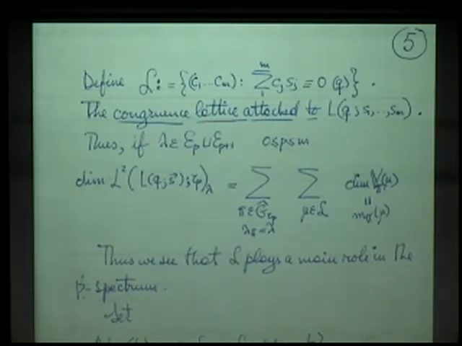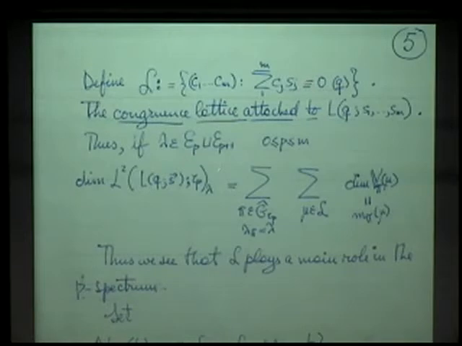So this is a congruence lattice attached to the weight space. The idea will be to translate the p-spectra condition into a condition on the weight space, on the congruence lattice. So now we reach this point.